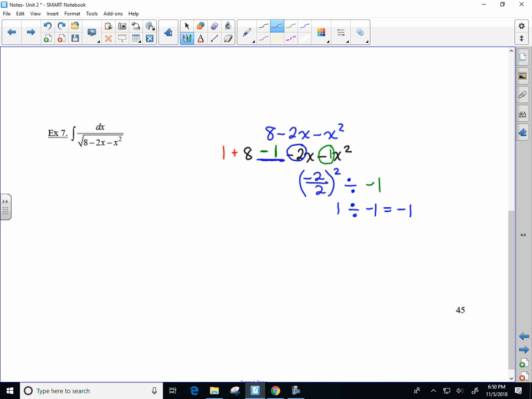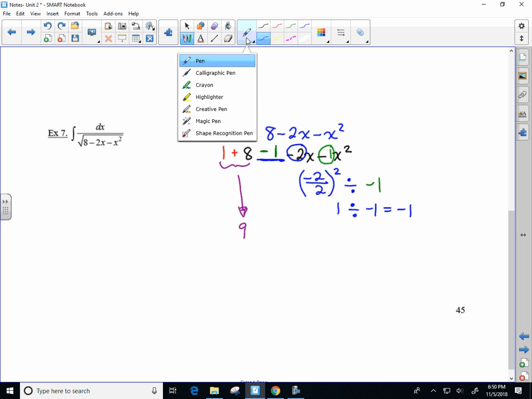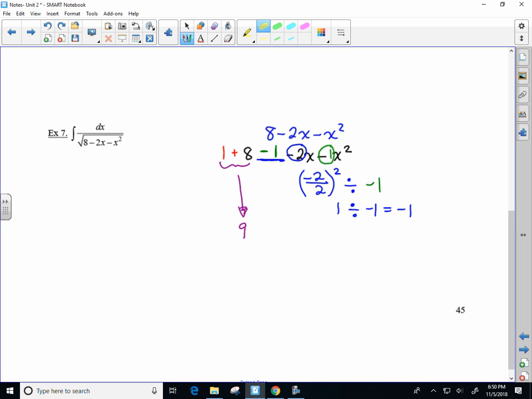But what I'm going to do, and this is a clever little step here, is add these two together and get a 9. I also noticed that in the remaining trinomial I have a common negative sign, so I'm going to factor that out. So minus 1 plus 2x plus x squared.